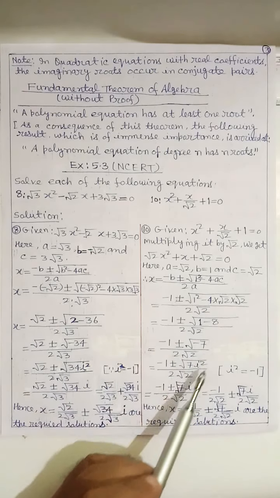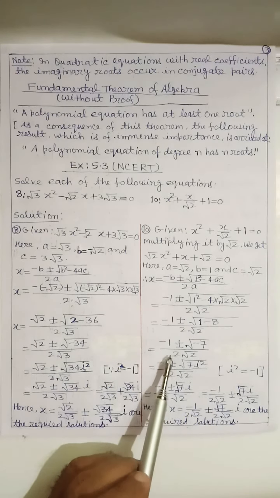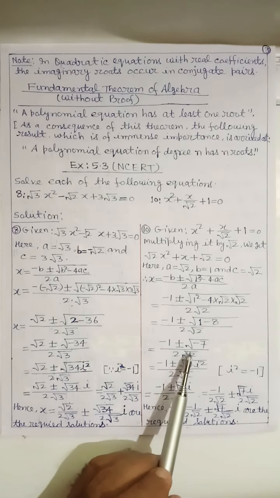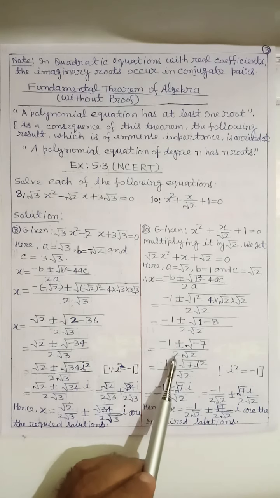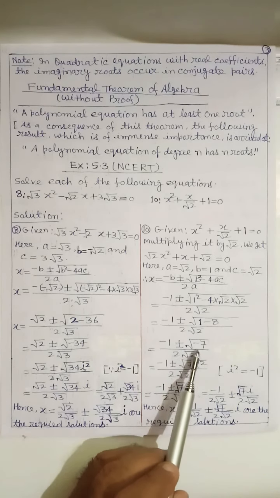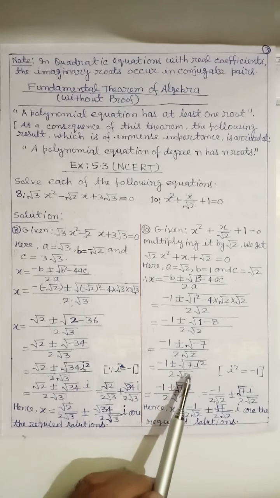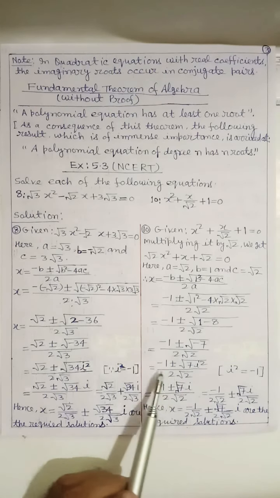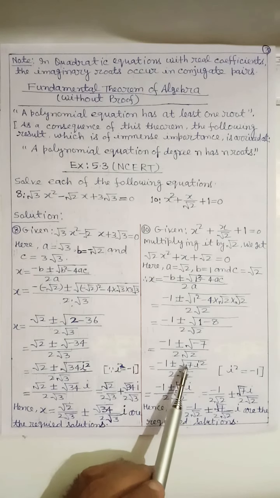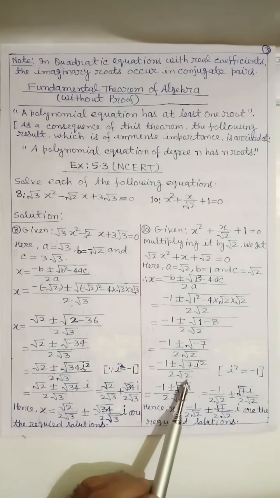We solve this and we get minus 1 plus minus square root of minus 7 by 2 root 2. For minus, we write 7i square. Minus 1 plus minus square root of 7i square by 2 root 2.